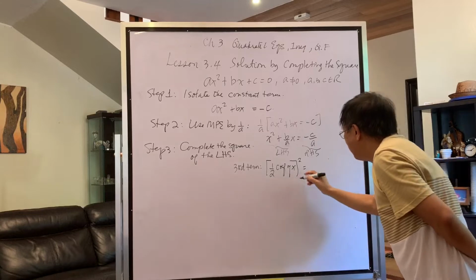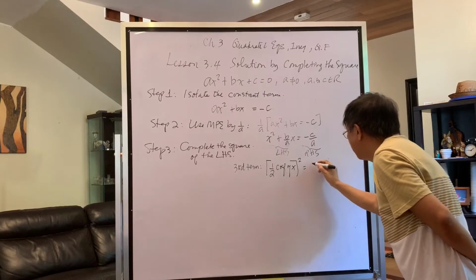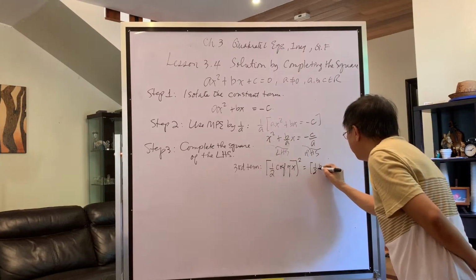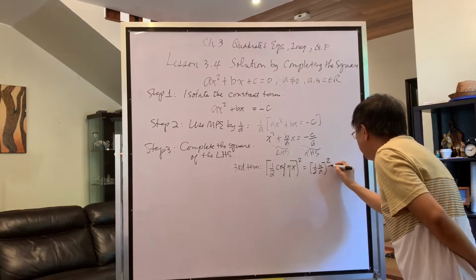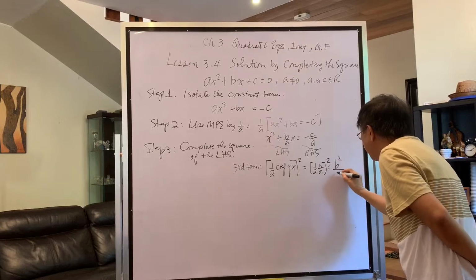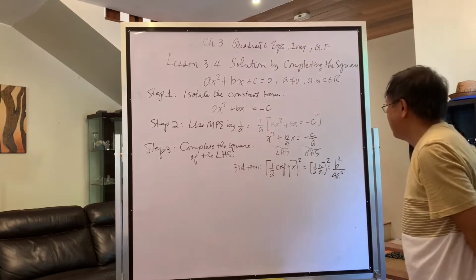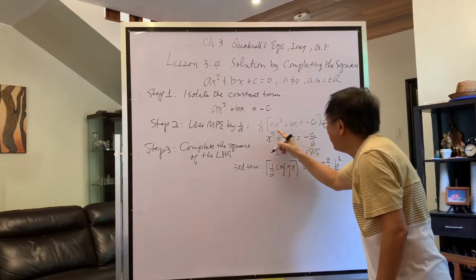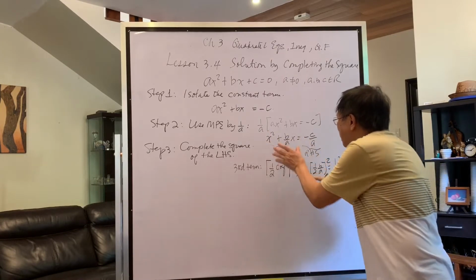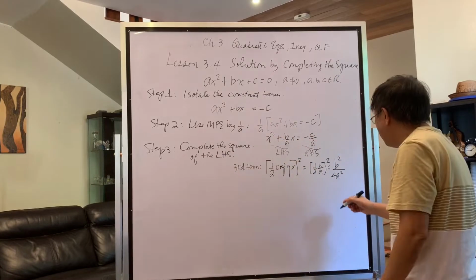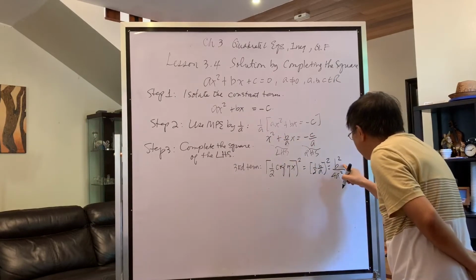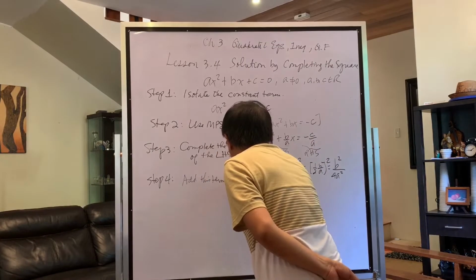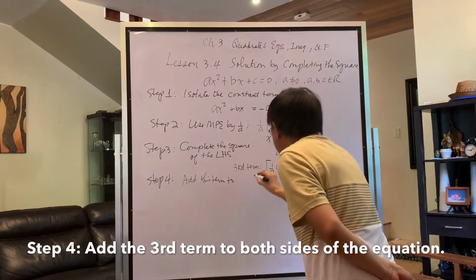So it should only be the coefficient of x. So we have here now 1/2 of b over a, and then square this will give you b squared over 4a squared. b squared over 4a squared is the term that will make the left hand side become a perfect square trinomial. Having obtained this, we are going to add this term to this equation.